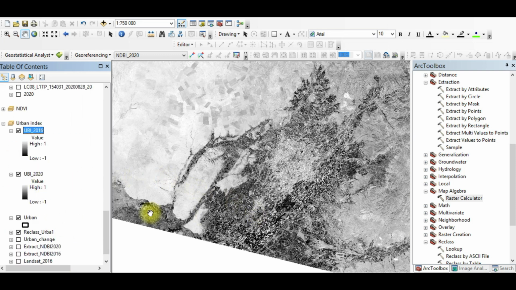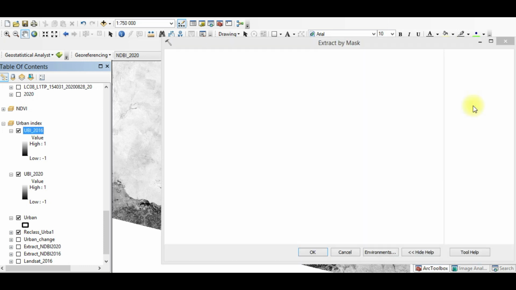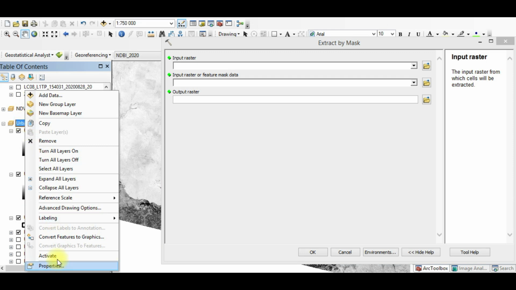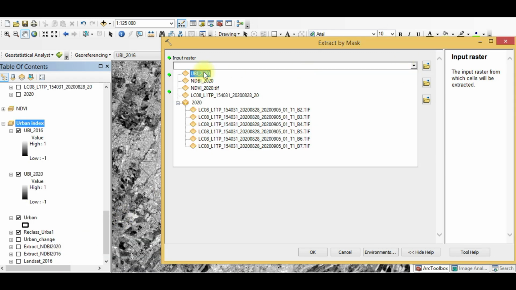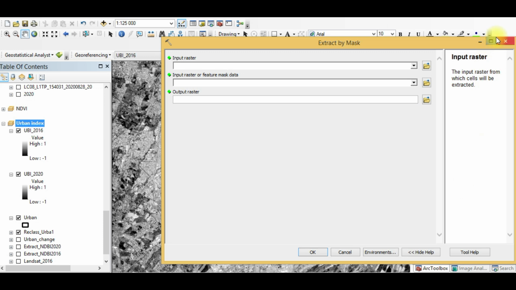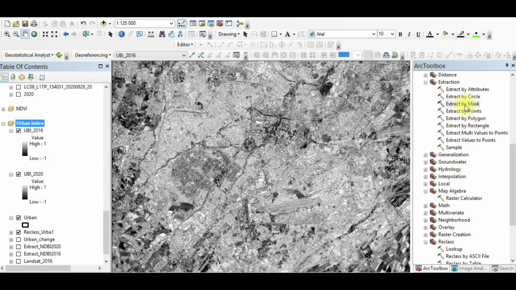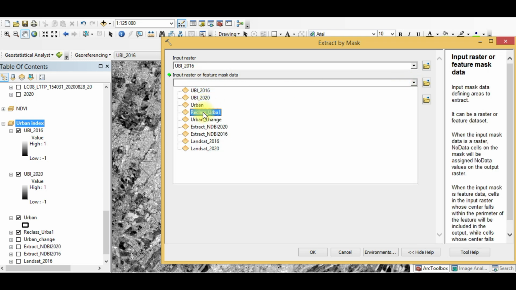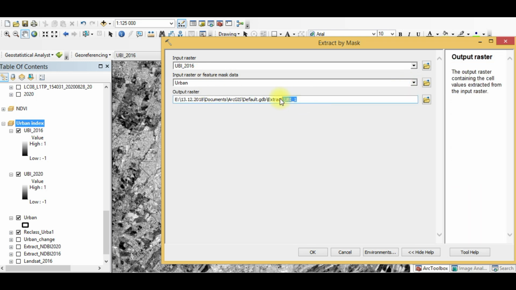The 2020 urban index, and extract by mask. So again, at first I should activate it, and urban, close and open again. Extract by mask, urban index, urban is the shapefile, UBI extract 2016.